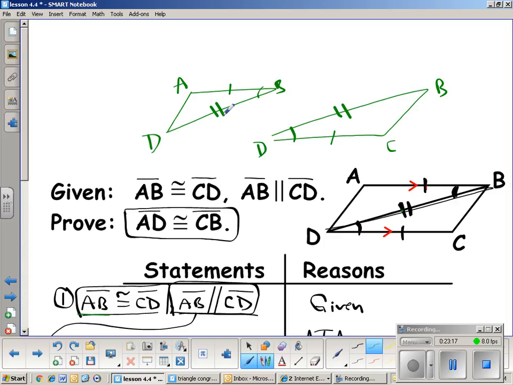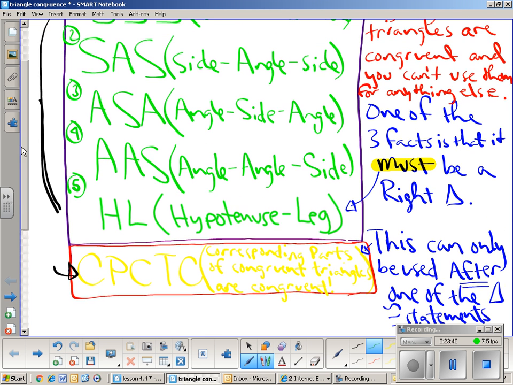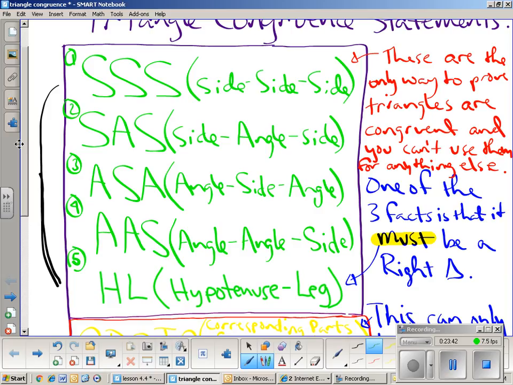Okay? So when I separate that from the clutter of all the other stuff, you see that in this triangle I'm given 2 sides that are marked, and this is the angle that's between those two. Do you agree? And then over here I have 2 sides, and then this is the angle between them. And so when I go back to this, and I'm looking at what information do I have, well, I didn't have 3 sides, did I?